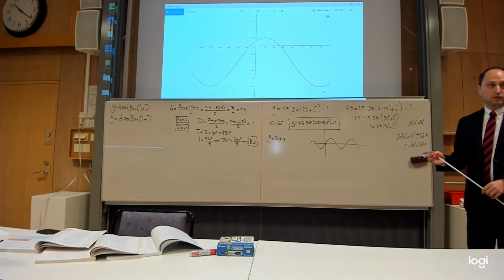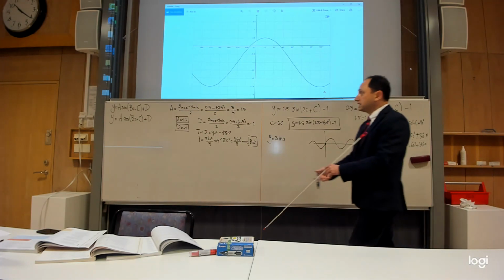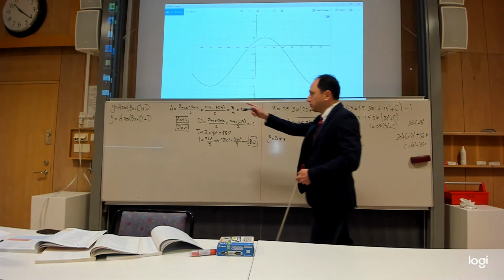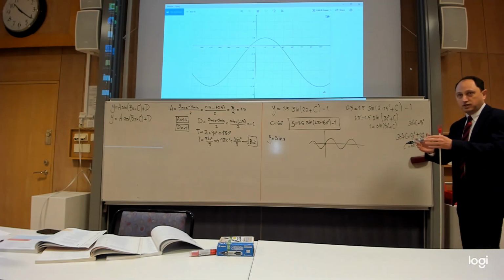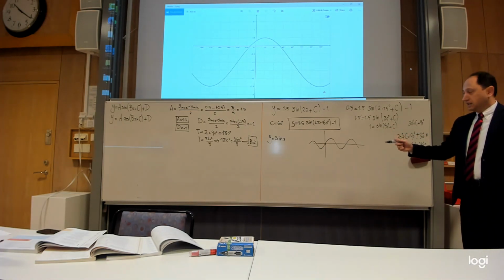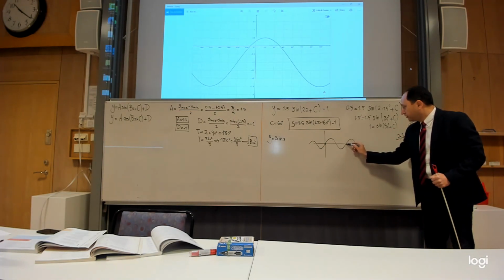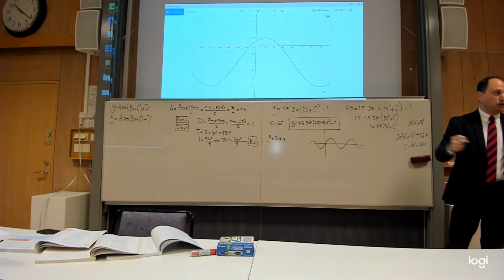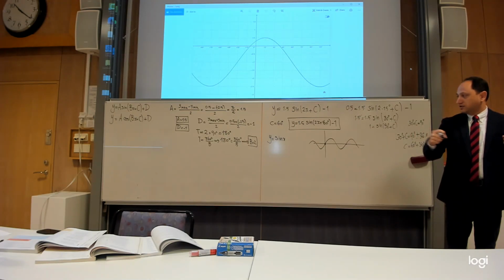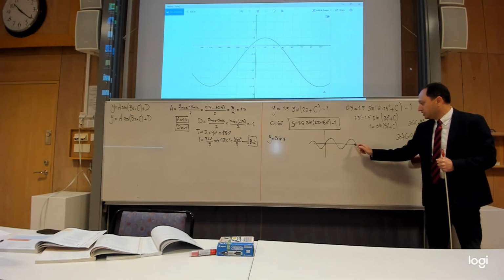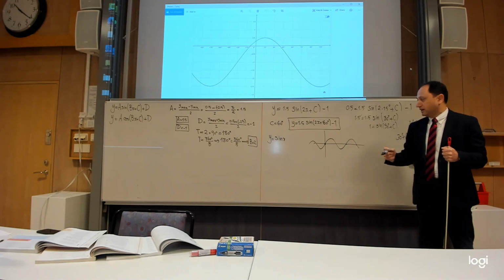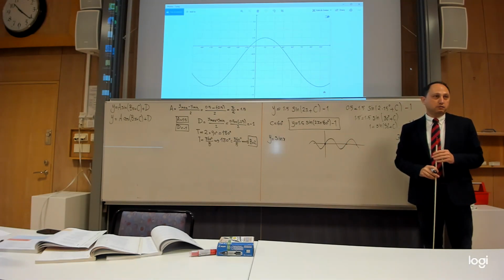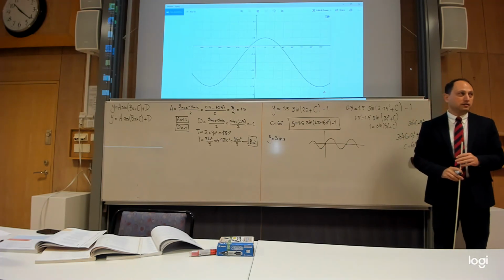Is that understandable? Of course, this one also changes all the zeros, you see, because if I multiply by b, either I compress it or stretch it. So the location of these zeros will change. The location of all these zeros will be affected except the location of this 0. Is that understandable? For the sine function I am talking right now.